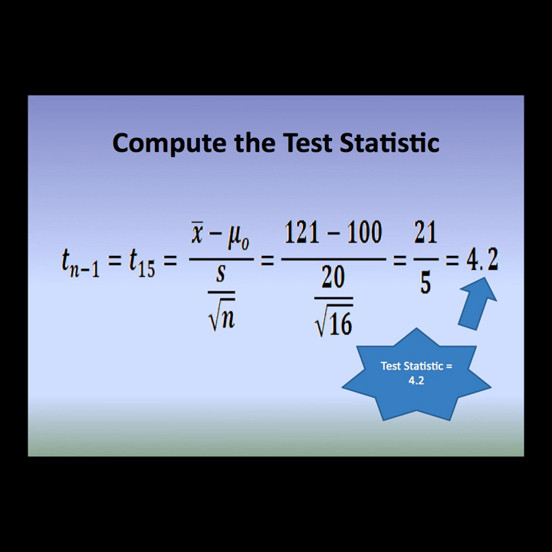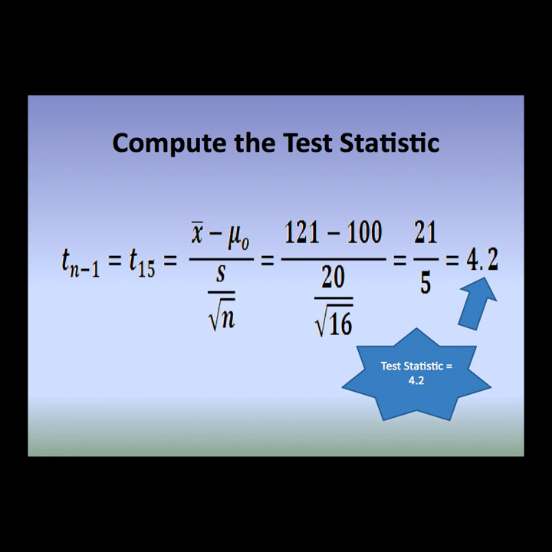The test statistic is t with 15 degrees of freedom, because our sample size is 16, equal to x bar minus mu naught divided by s over the square root of n, or 121 minus 100 divided by 20 over the square root of 16, which gives us a test statistic of 4.2.